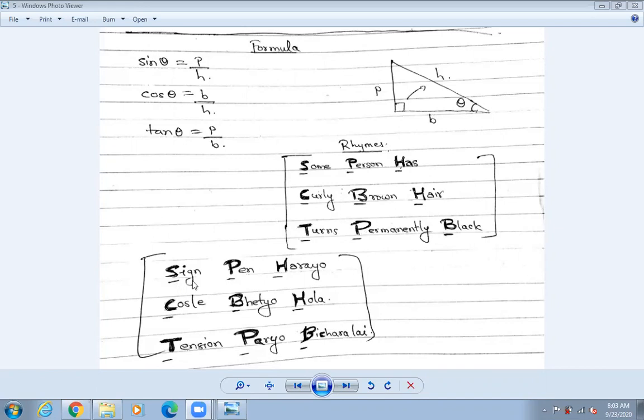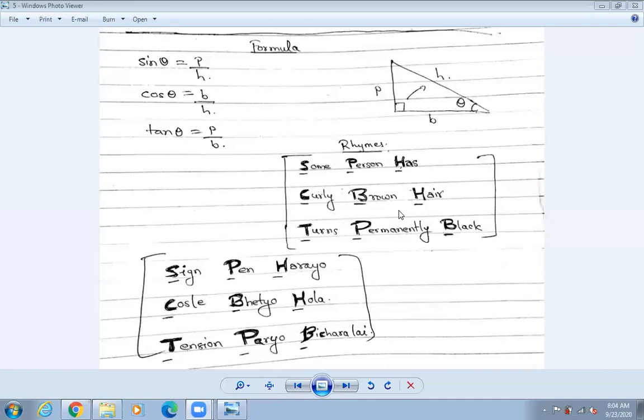Sine pen harayo, kasle bhetyo hola, tension paryo bicharalai. So sine equals P by H, cos equals B by H, tan equals P by B. In that way you can memorize it.